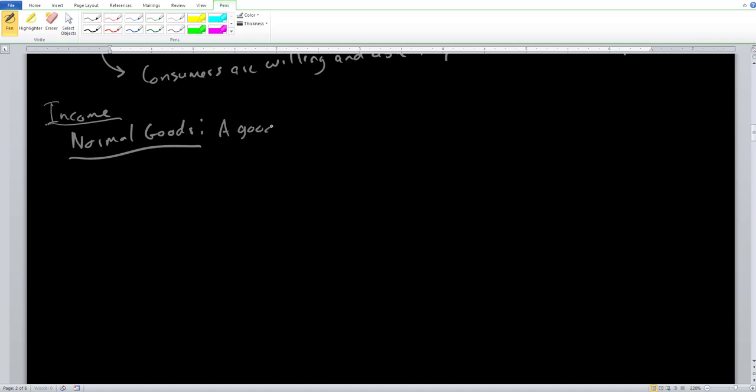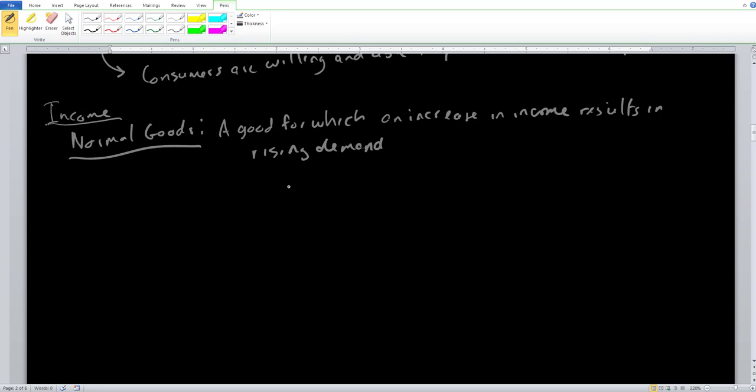So a normal good is a good for which an increase in income results in rising demand.